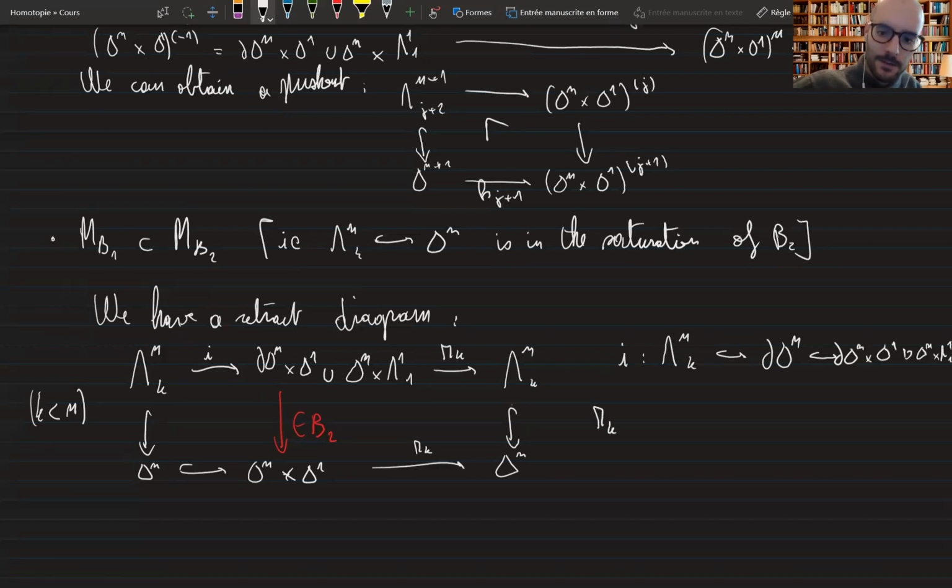Okay, and rk is simply the map that, so this is a map from delta n cross delta 1 to delta n. So I'm going to write it like this. And I'm going to explain.